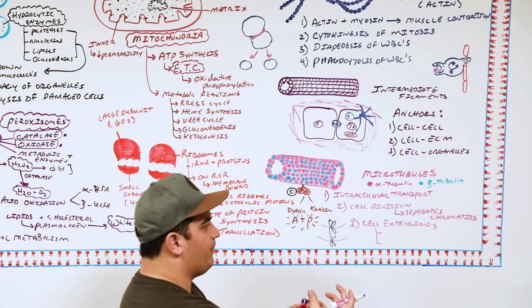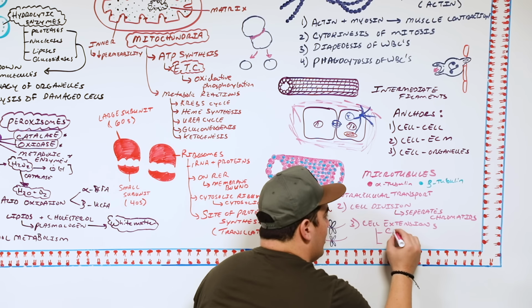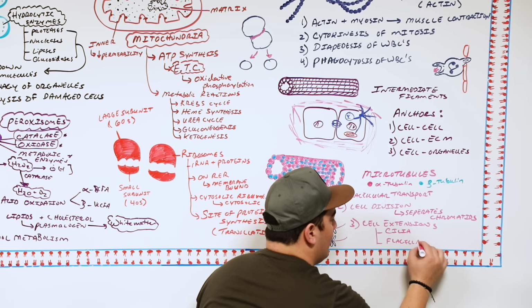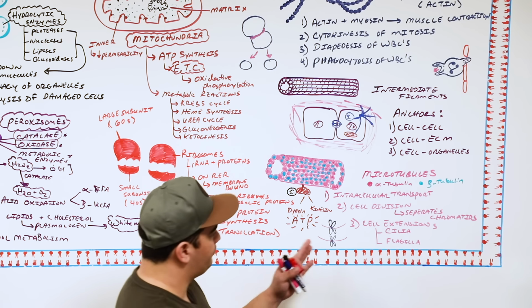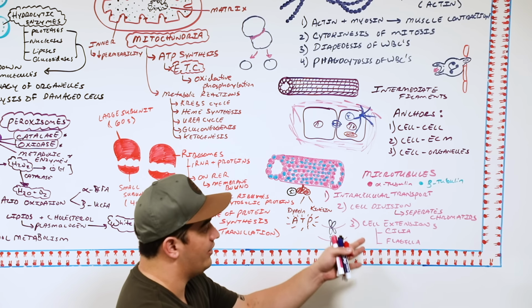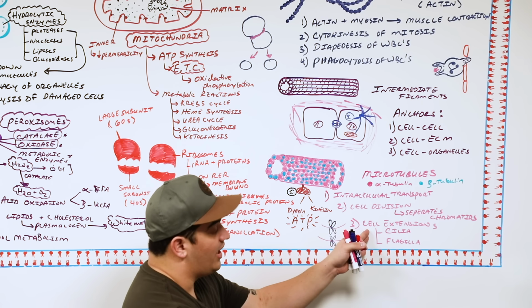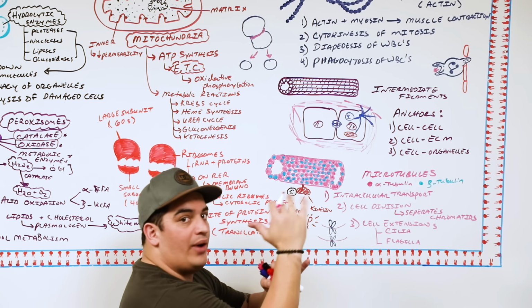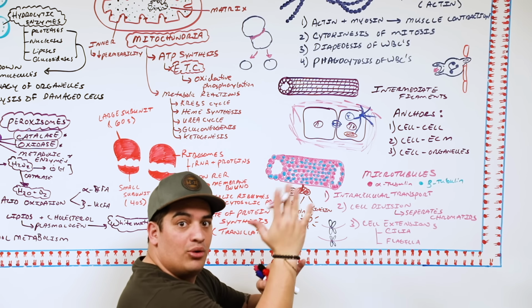You form what's called the cilia, which is a very important structure, and you form what's called flagella. These are structures that have motor proteins like dyneins incorporated into them. These cilia and flagella create a beating-like or twisting-like motion.